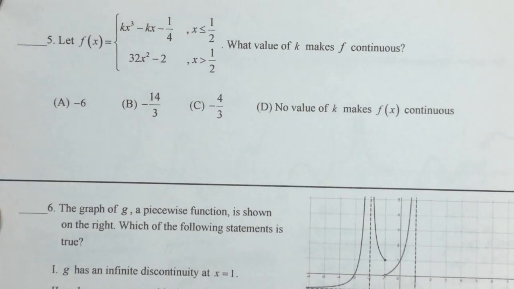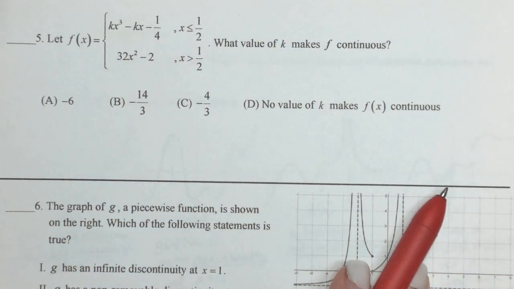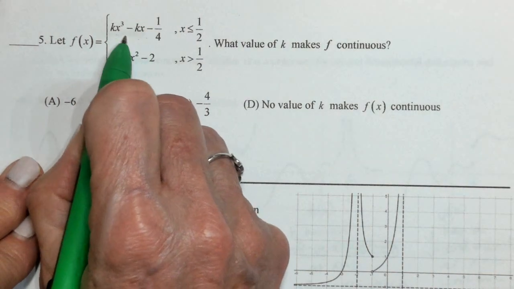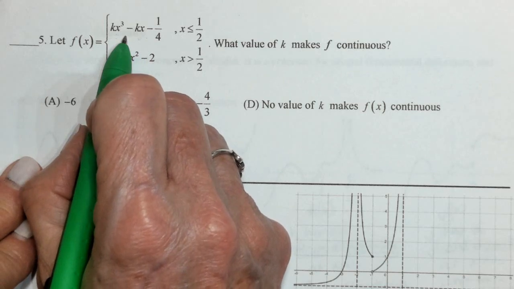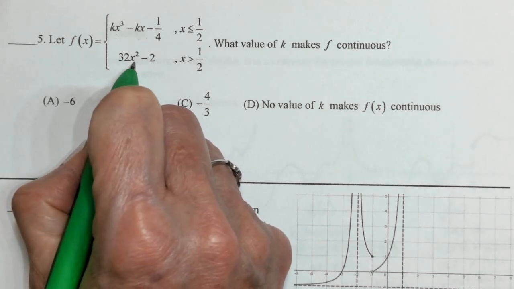Alrighty. How else could they ask? Let f be this piecewise function. What value of k makes f continuous? Well, individually, this is a cubic function, and every polynomial function is continuous by itself. This is a parabola, and every parabola is continuous by itself.